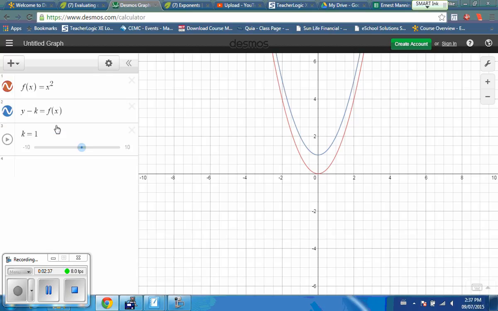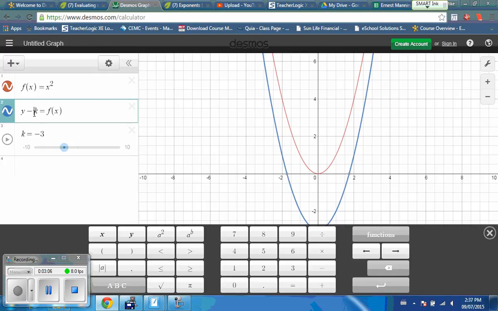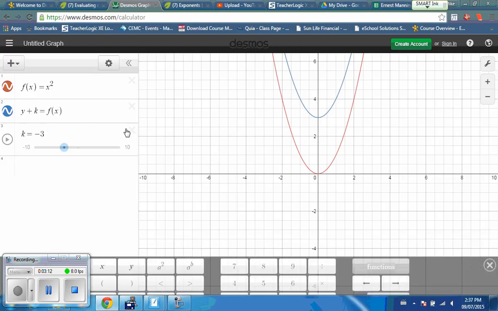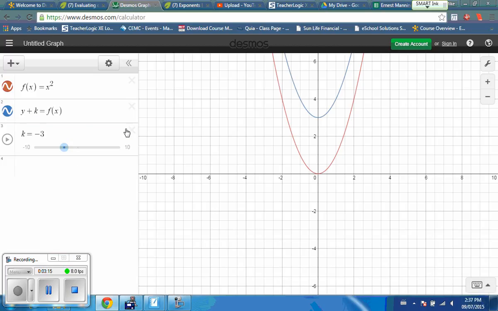In the previous example, we studied values of k that were positive 3 or negative 3. When we put it up to positive 3, you can see that it moved it up. And again, I've made this negative, so it's kind of backwards. This would be what we saw, positive 3, y plus 3, because what I have here is y minus negative 3. Let's actually switch that. Make it look exactly like it looked there. Okay, so if y is negative 3, it moves up.